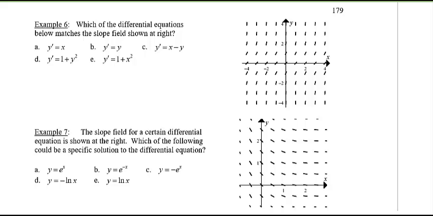So out of those 5 choices, which one matches the slope field given? And number 7 says, if I gave you that slope field, I'm not saying which differential equation matches, but which actual specific solution to the differential equation could match. So what is the particular y equals equation that matches the slope fields?